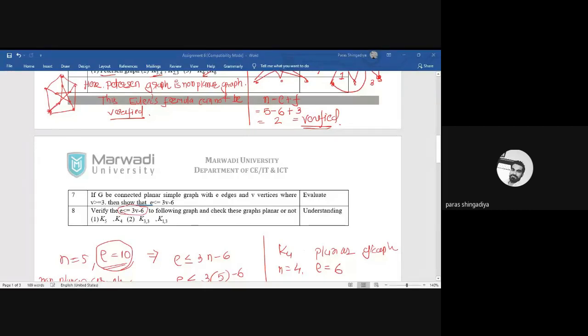And the number of vertices should be greater than or equal to 3, with e the number of edges and f the number of faces. Then the edges should be less than or equal to 3n minus 6. That we already proved in the lecture session. So let's discuss it again. And based on this theory, we can solve question number 8.